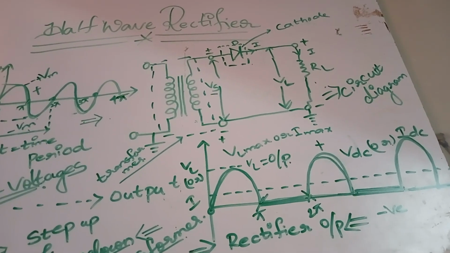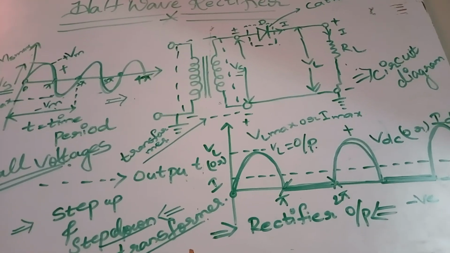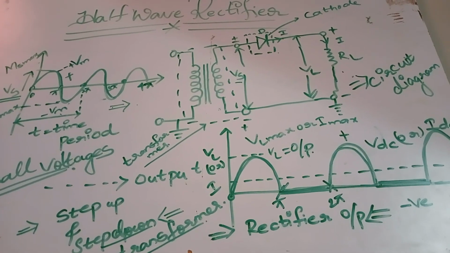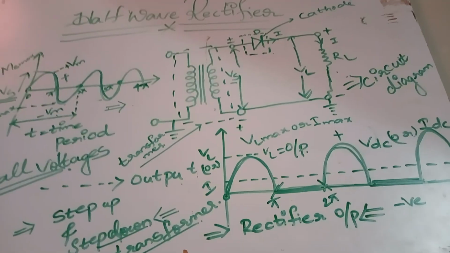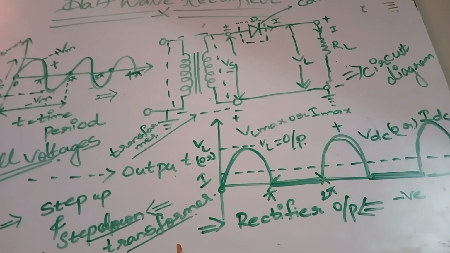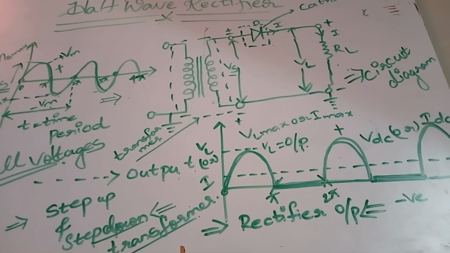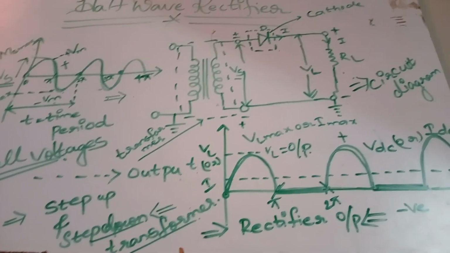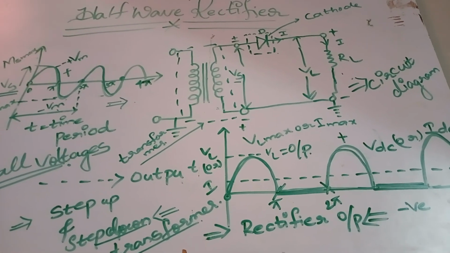The theory you can write is that during the positive half cycle the conduction takes place and there will be output, but during the negative half cycle the diode will not conduct and will not allow any voltage or current. So the output voltage will be 0 volts. So the output of the rectifier will be pulsating DC.